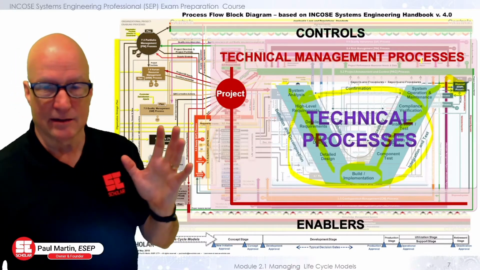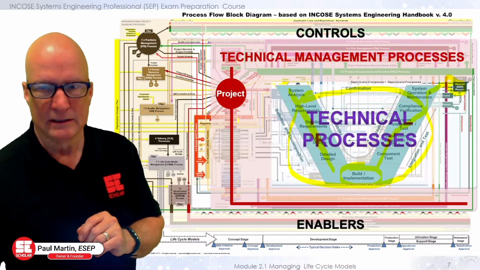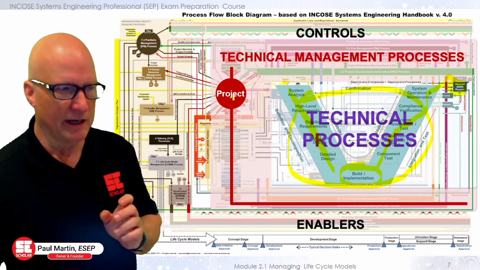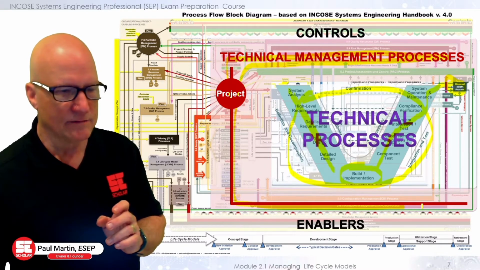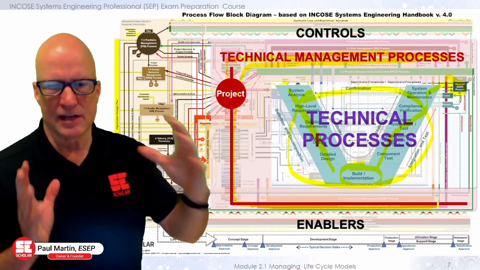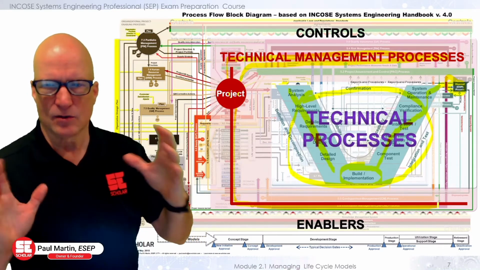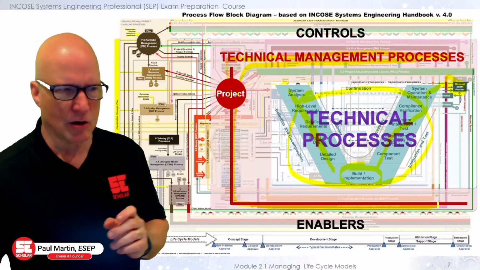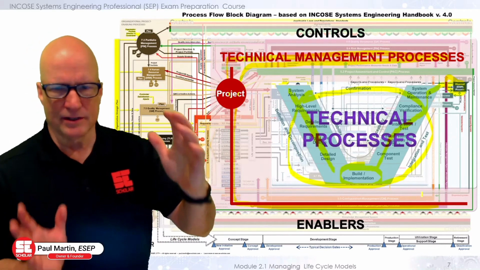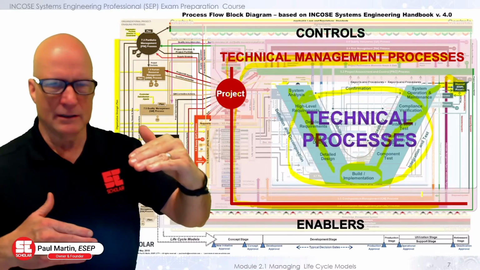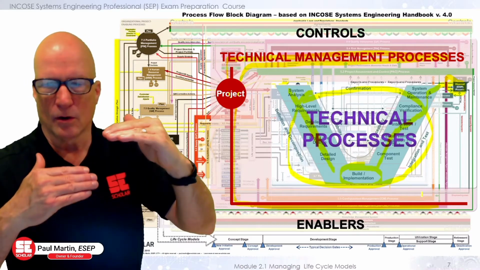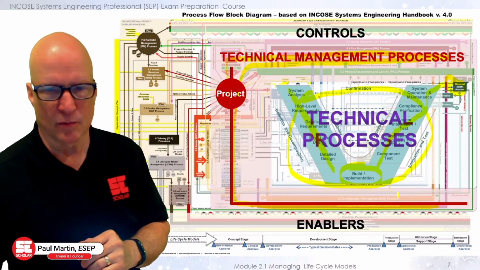Now, some standards talked about these as well, but what's neat about 15288 is it acknowledges that all these processes surround your technical processes. That's the way I did the chart, to show that these technical management processes are in place to support and either control or enable the technical processes.